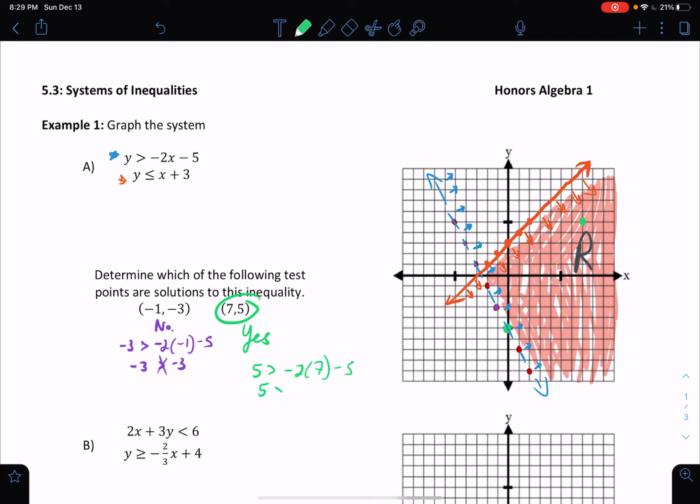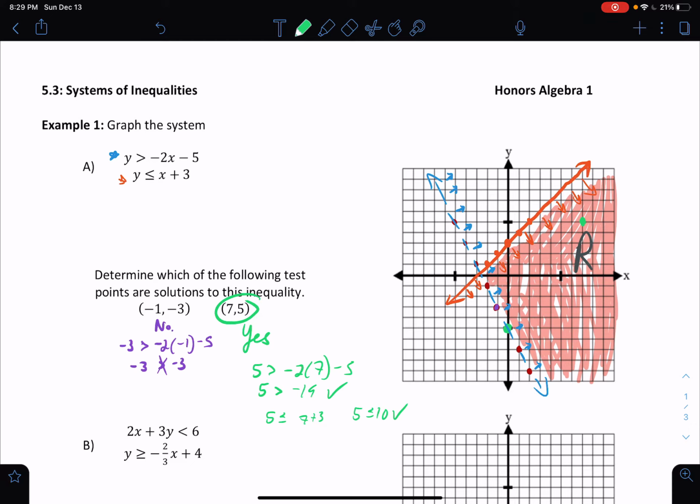So I'll get 5 is bigger than negative 14 minus 5, which is negative 19. That's true. Then I can check it in the second inequality. So plug in 5 for y, less than or equal to 7 plus 3. So 5 is less than or equal to 10. That works as well. So I can check it by looking at my graph. I can also check it by just plugging in to both inequalities and making sure it works.